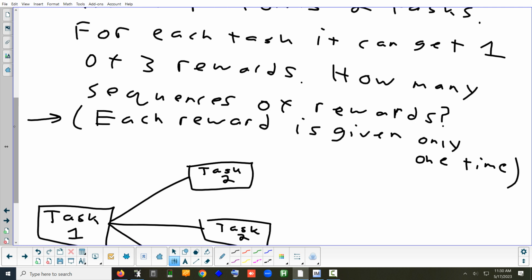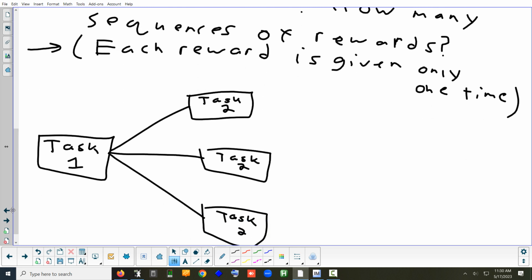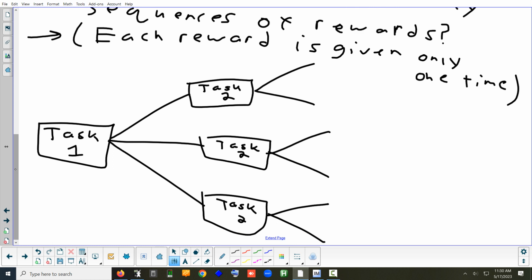Now, after it does task 2, how many rewards are left if each reward is given only once? Only 2. So it doesn't matter which reward it got the first time. There's only 2 possible choices for rewards here, 2 here, and 2 here. So what we want to look at is basically how many different paths you can follow in that tree.